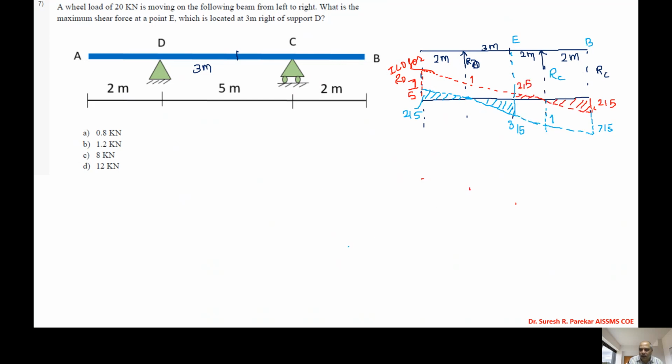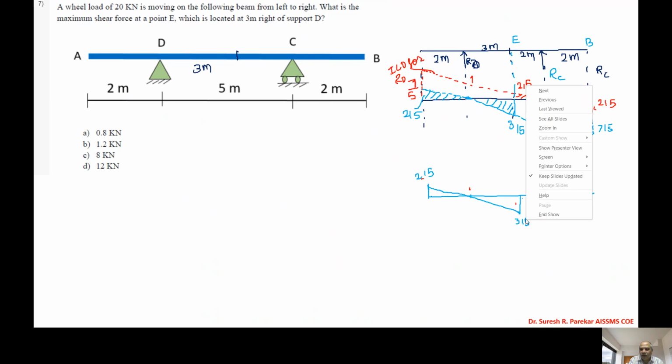Now I will plot blue between A to E. So A to E we have blue. This is 2 by 5, and at E it is 3 by 5. Then at D this value is 0, and then we will plot this. So this is 2 by 5, and this is 3 by 5.